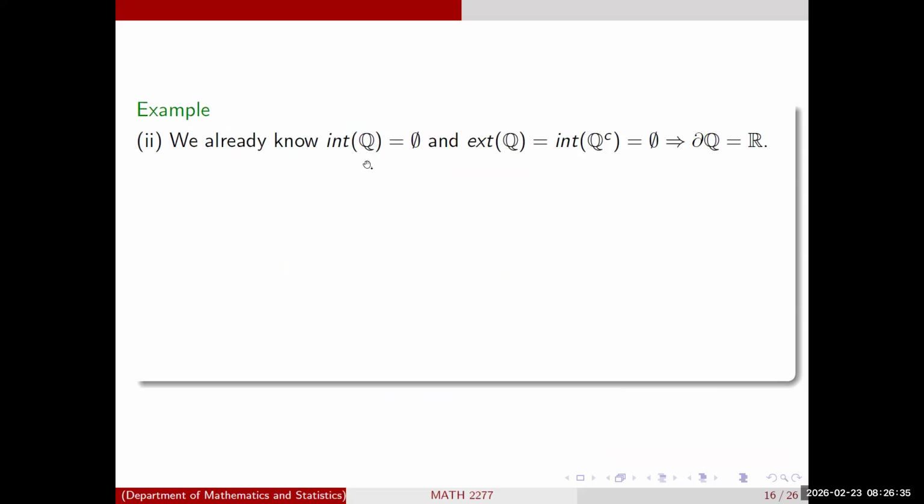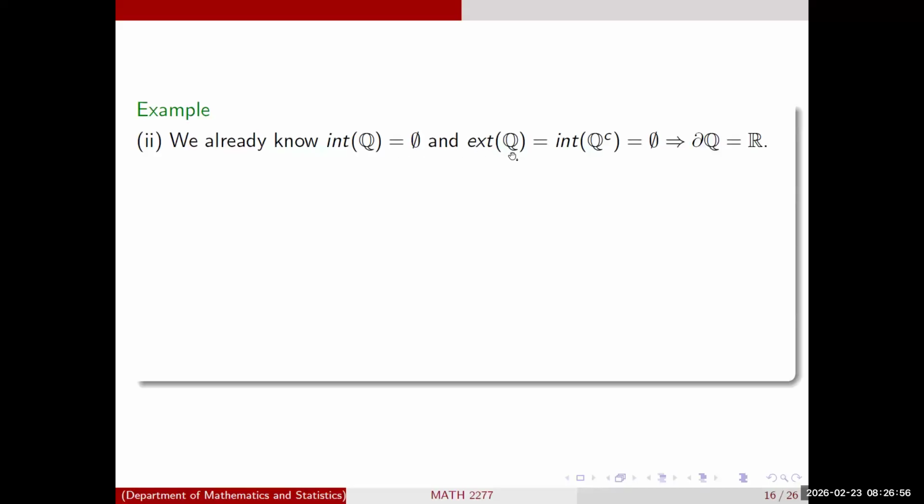So what if we look at the rationals or the irrational numbers now? What's the interior? What is the exterior? What are the boundary points of these? We already know that the interior of the rationals is the empty set.